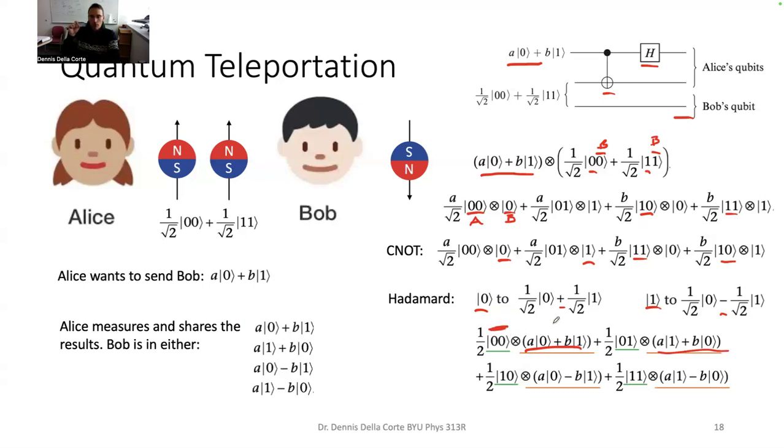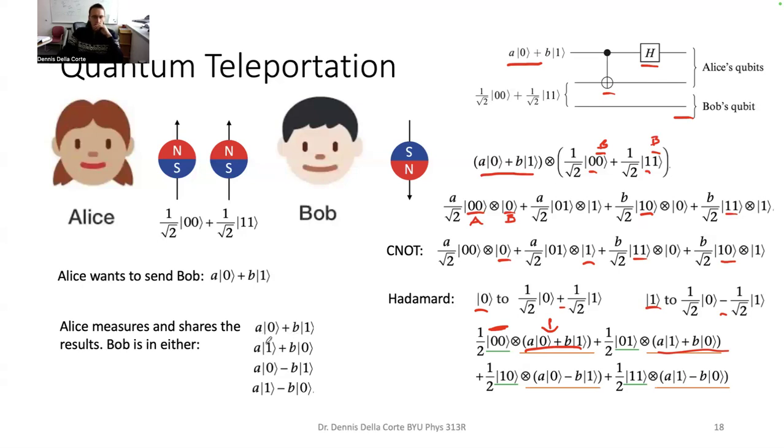Then she knows for a fact that Bob will be in this state. So by knowing what Alice measures, she knows the state of Bob's. And those states are all looking somewhat similar. You can see here, it all has the A's and the B's and the 0s and 1s, and sometimes plus, sometimes a minus.